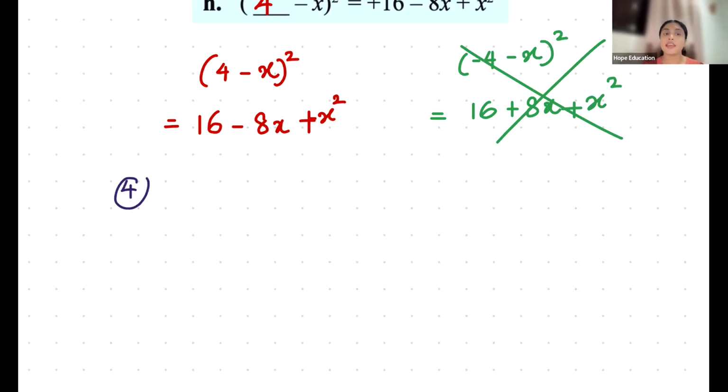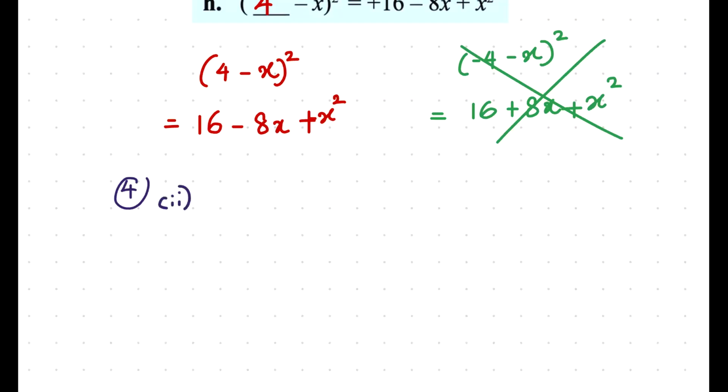Okay, what was the homework I gave? Second, third, and fifth. Okay, second is 102 squared.